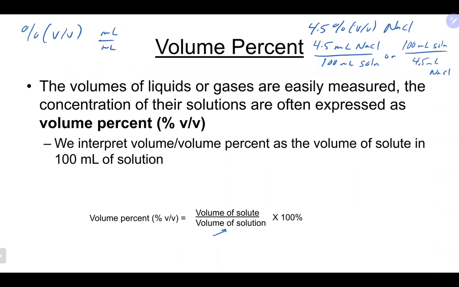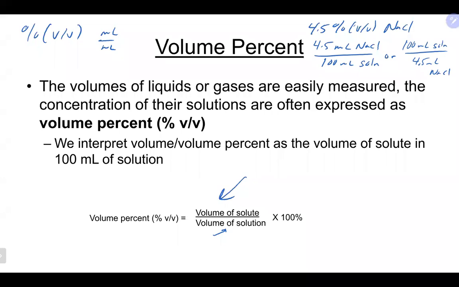Just like the other one, you could turn it into a conversion factor, or you could plug and chug into this equation and solve for whatever's missing. It's really the same math, whichever way you're more comfortable doing. So this is volume over volume in this particular one.